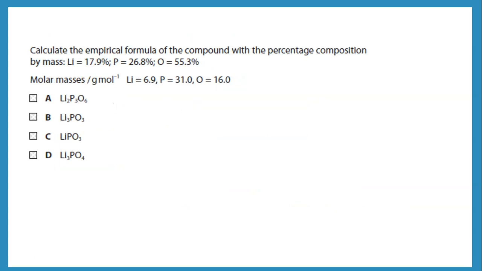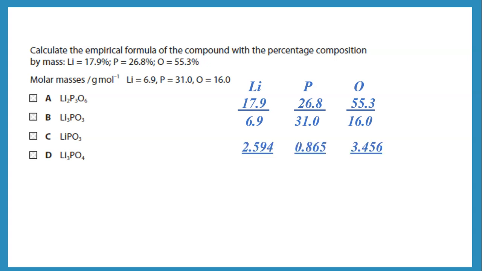Okay, next question. Calculate the empirical formula when I have lithium with this percent, phosphorus this percent, and oxygen this percent. So again, how do we calculate empirical formula? We write them out like this. Divide first by the mass number, which is already given. What comes out, divide by the smallest.